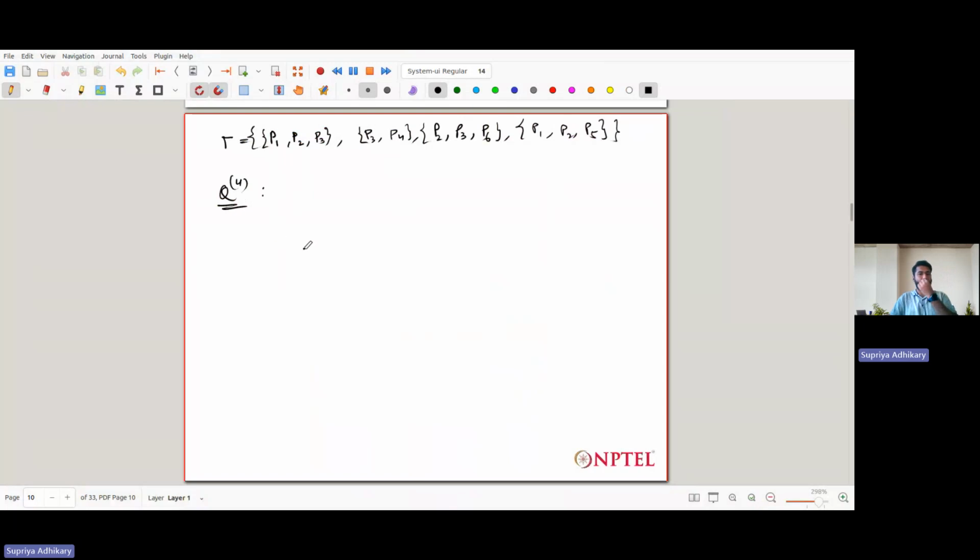So for the Q4 condition, only 4 subsets are there, right? And if we take the union of these 4 subsets, what do we get? We get P1, P2, P3 from the first subset, P4 from the second subset, P6 and P5 from the third and fourth.